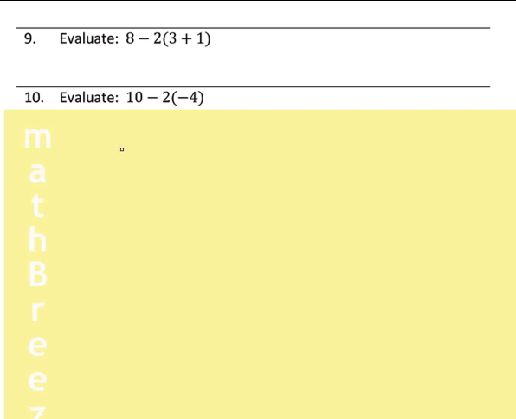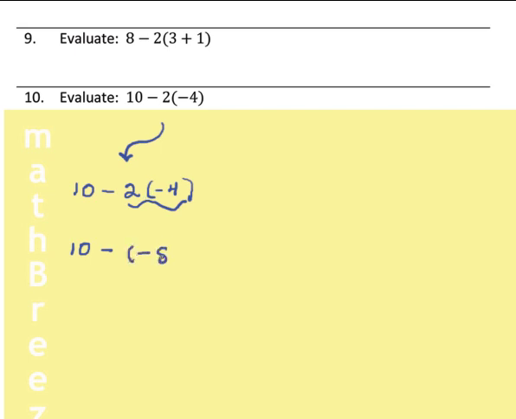Number 10 we can do 2 different ways. We'll start with the first one. I'm going to actually suggest that you do these the second way, but let's start. Let me just rewrite this. We can start by doing this multiplication. So that would be 10 subtract, and 2 times minus 4 is minus 8.